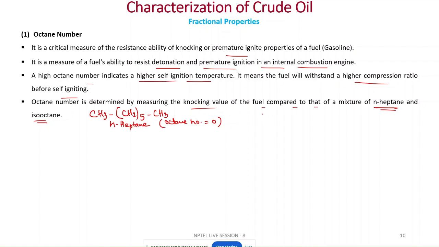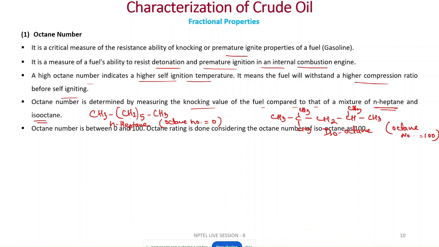Whereas the structure of isooctane is like this: CH3, CH3, CH3, CH2, CH, CH3, CH3. So this is isooctane, whose octane number is 100.